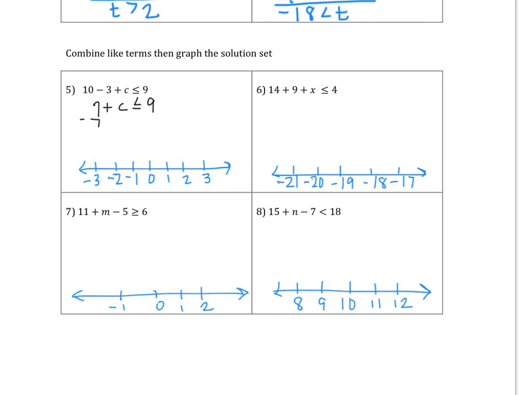Subtract 7 from both sides, and we get c is less than or equal to 2, and then we're going to graph that. So here's 2 right here, and it's also equal to, and so it's a closed circle, and then everything less than.